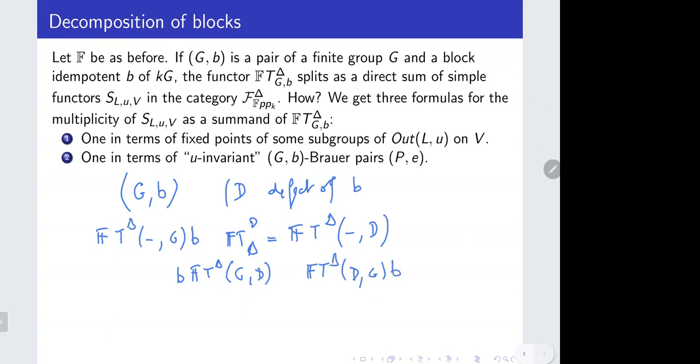And when you look at that, and if you look at a source idempotent of the block B, then you can actually cut this FT delta of blank, D by some I. And at some point, you get indeed some idempotent in FT delta of D and D. You get some element associated to this whole situation.